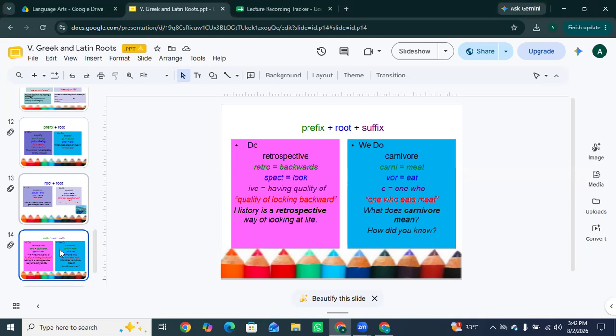And ive means having quality, meaning looking back at the past. Retrospective means looking back at the past. We do carnivore. So carni means meat, vor means eat, and e means one who eats meat. For example, lion, tiger, wolf.